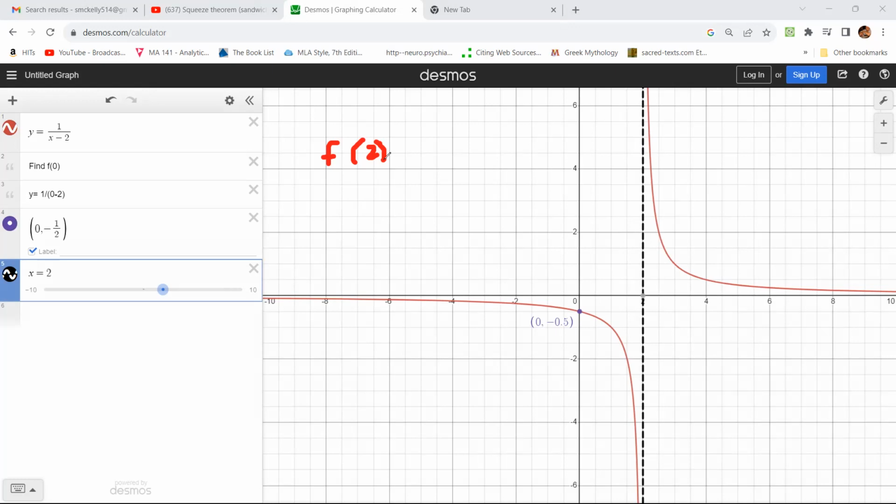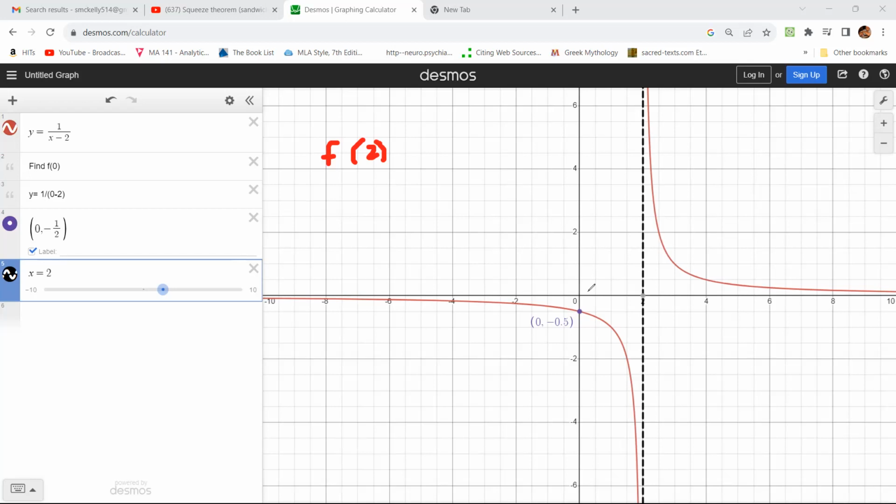What is f of 2 here? Look, where's 2 on this graph? It's a vertical asymptote.